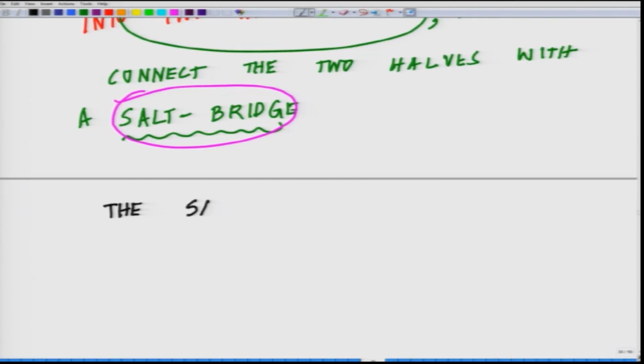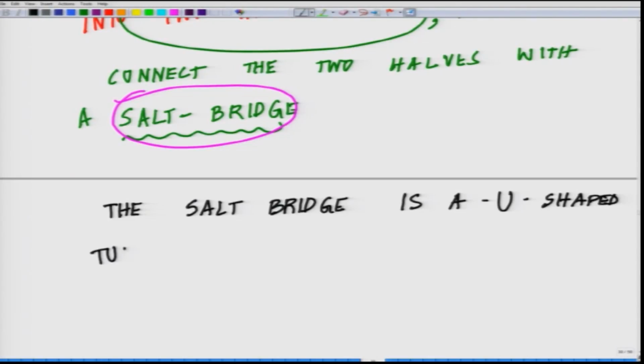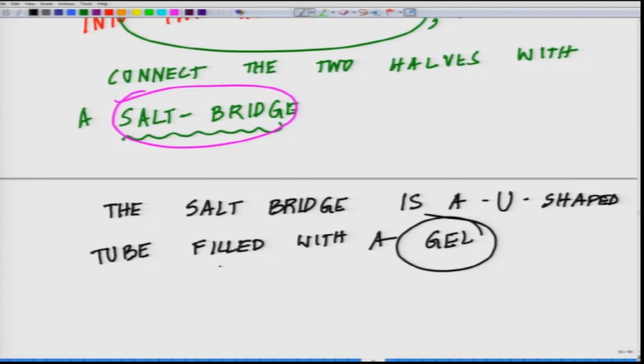The salt bridge is a U-shaped tube filled with a gel containing a very high concentration of KNO3.